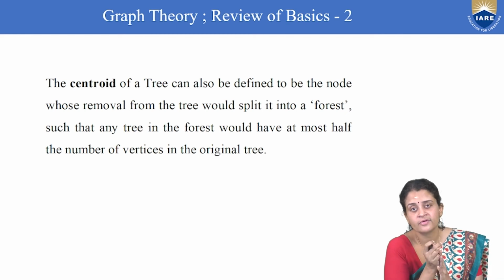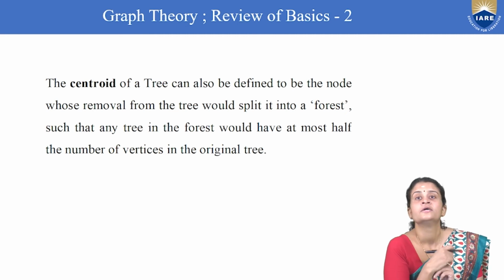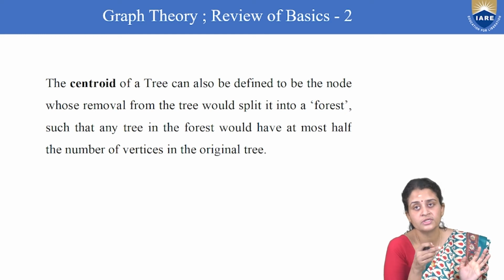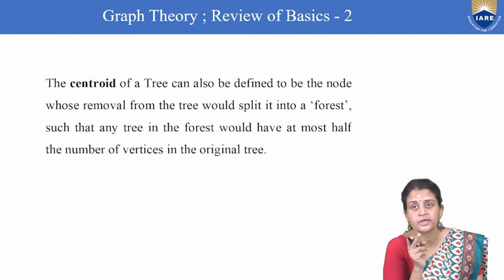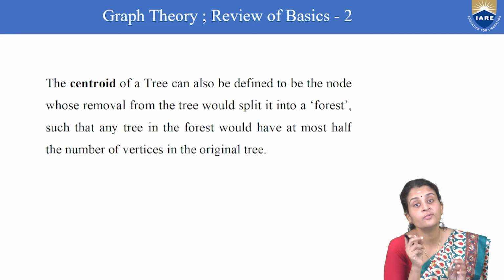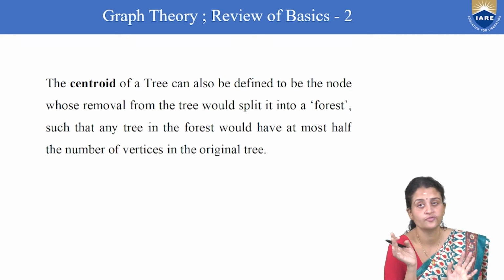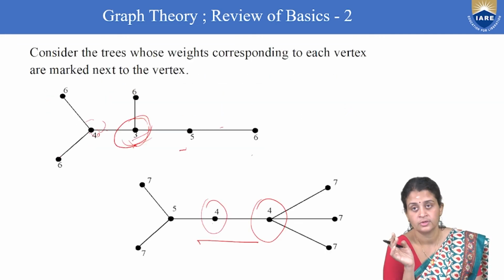When components of a forest are connected by single edges, then it forms a tree. So the centroid of a tree can be defined as a knot whose removal from the tree would split it into a forest, such that any component of the forest would have at most half the number of vertices in the original tree.